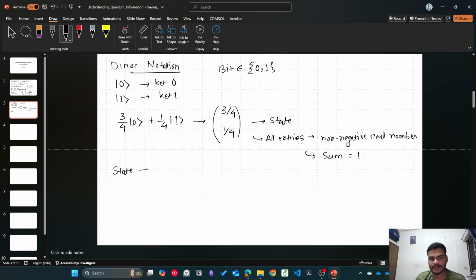Represented as a column vector. If we want to modify this state to another valid state, we can apply some operation. If we apply an operation to a state, this operation is going to take this state from one state to another state.